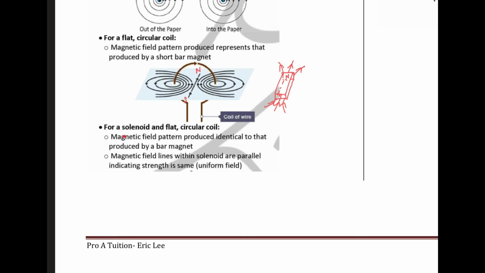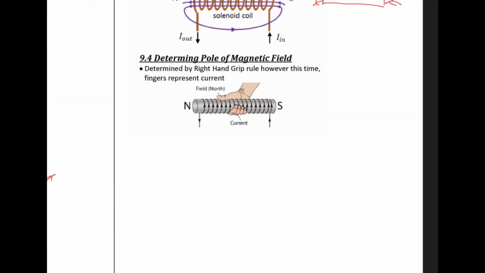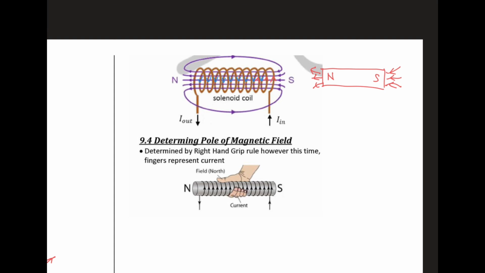Let's see what else. We look at the point here again: magnetic field pattern produced is identical to that produced by a bar magnet. Magnetic field lines within solenoids are parallel, indicating the strength is the same, a uniform field. Let's take a look at the picture. As you can see, inside the coil the lines are the same distance apart, meaning that it is a uniform field of the same strength.